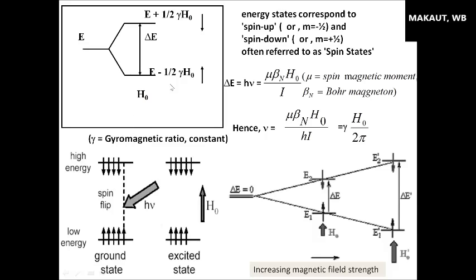and these spins are either parallel spin or anti-parallel spin. For the ground state energy system, the nuclei which are present are parallel to the external magnetic field, whereas in the higher energy system they are anti-parallel.